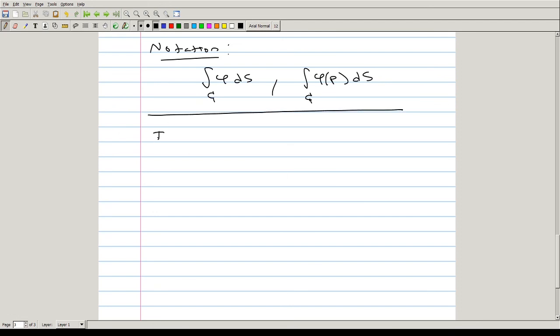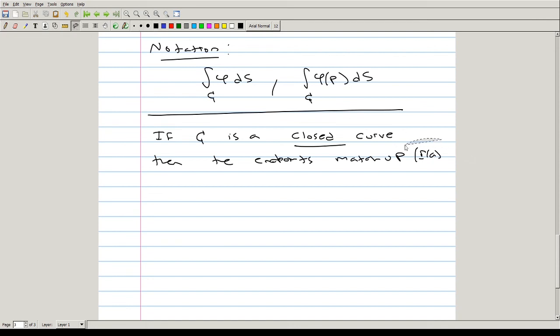If C is a closed curve, then the endpoints match up. It means r of a is equal to r of b, which means those two endpoints coincide.